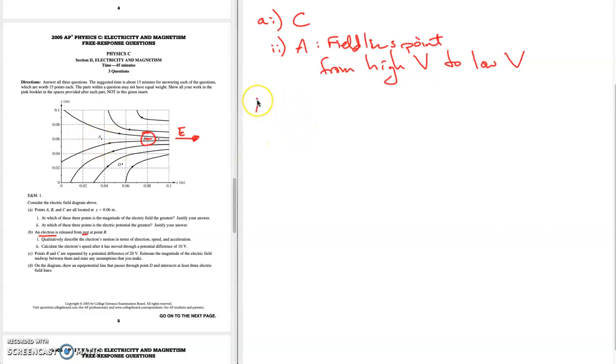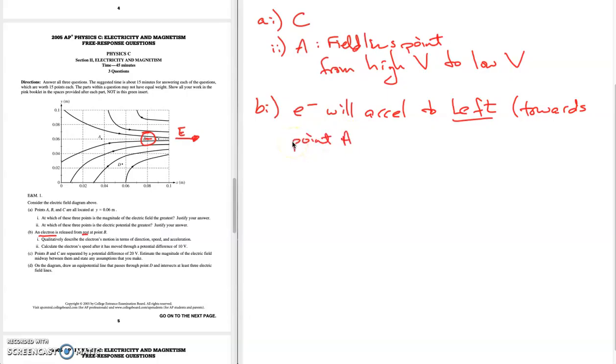So the electron will accelerate to the left, and just to make sure that the graders don't misunderstand you, towards point A.